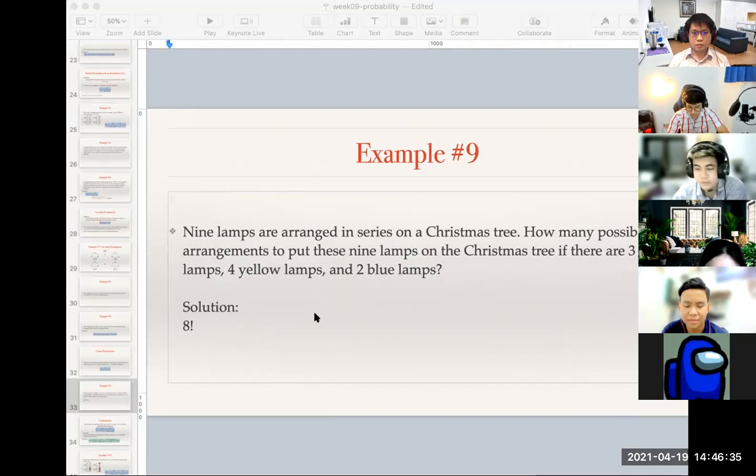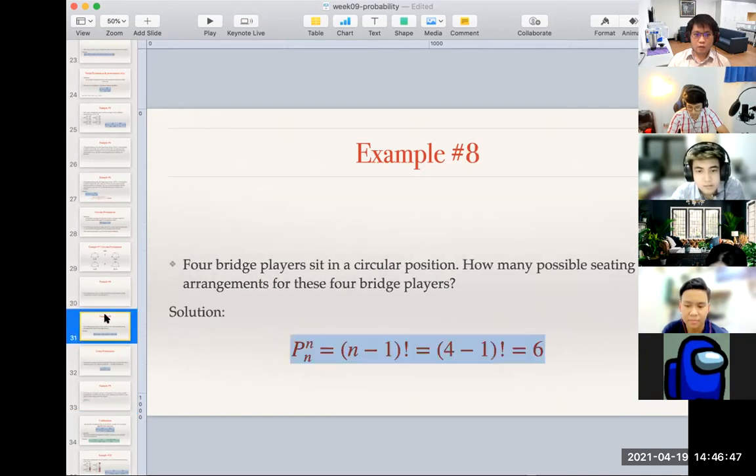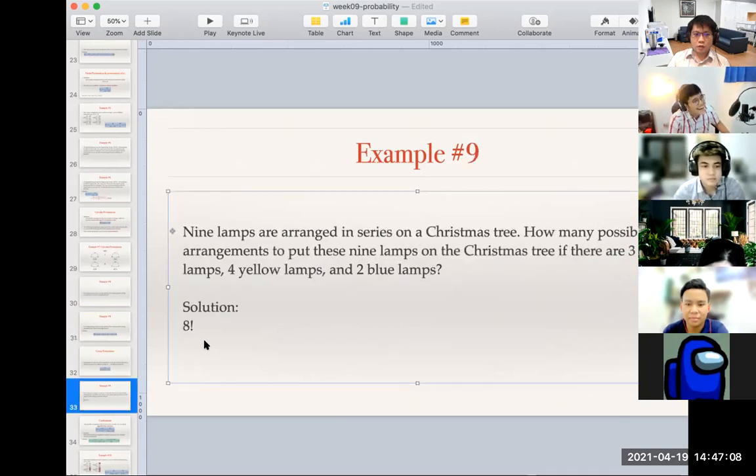I'm using the previous permutation formula, P equal to n minus 1 factorial, because a Christmas tree, if we arrange lamps, it will be arranged like a circle, sir. Then I think I will choose this formula. Okay, any other solutions?